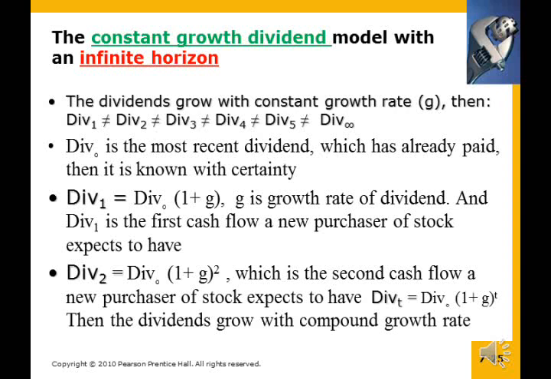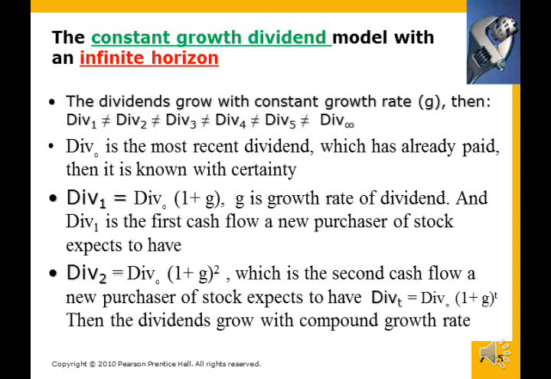The most recent dividend, which has already been paid, is known with certainty. So what I am sure of is exactly what the company paid this year, at the current moment: a dividend equal to 5 or 4. That is what I am sure of. Then what is dividend 1? Dividend 1 is the dividend at the end of the first year.